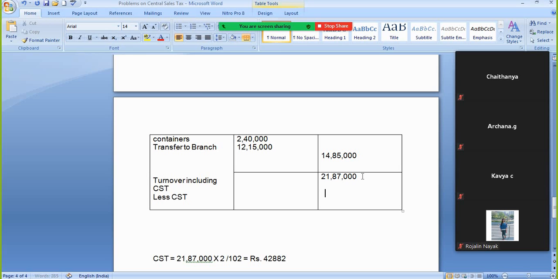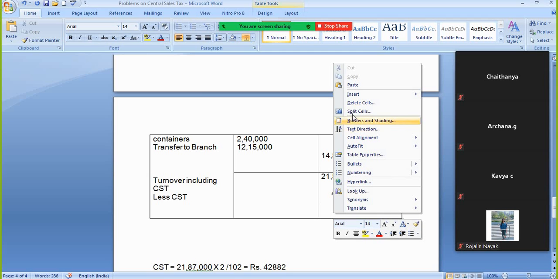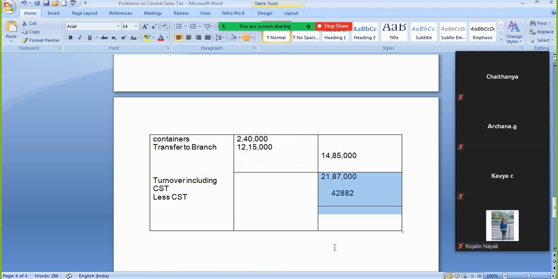From here, less CST, that is 42,882. So 21,87,000 minus 42,882 gives 21 lakh 44,118. This becomes your taxable turnover.